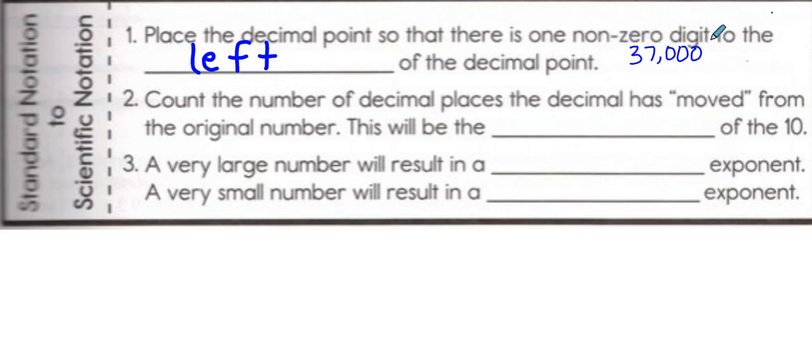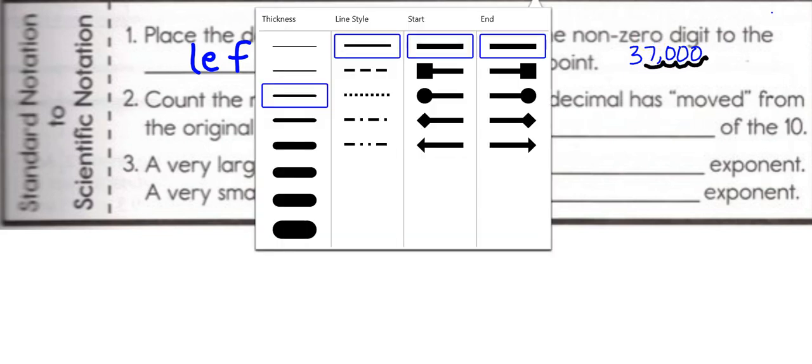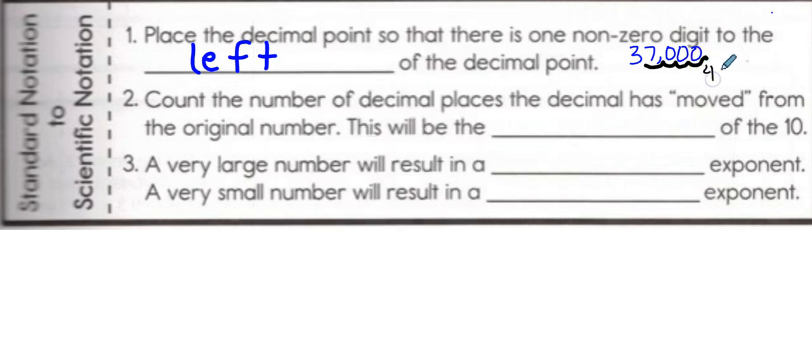So the first thing we do is we move our decimal point. The decimal point always is here. Okay, so we moved it 4 places. So we're going to count the number. That's what I just did. We counted the number of decimal places the decimal has moved, and this will be the exponent of the 10.